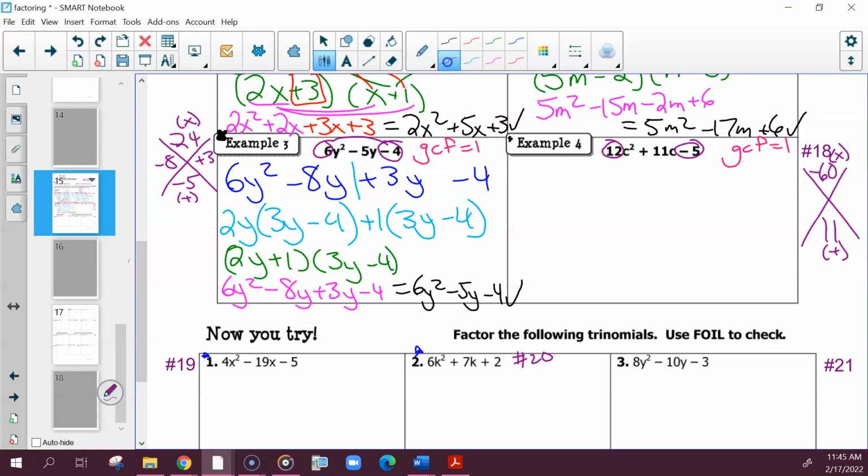Negative 4 and positive 15 would work. That would give you the negative 60 and add to be positive 11.